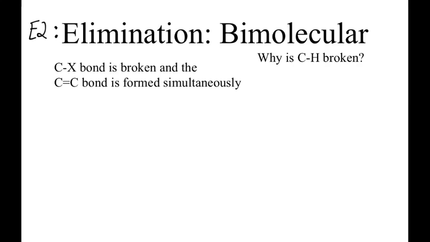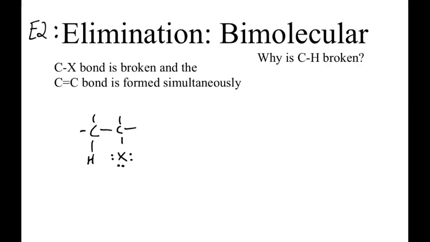Same general idea. We're going to go through and do the same overall reaction, but now we're going to do it all in one fell swoop, all at the same time.